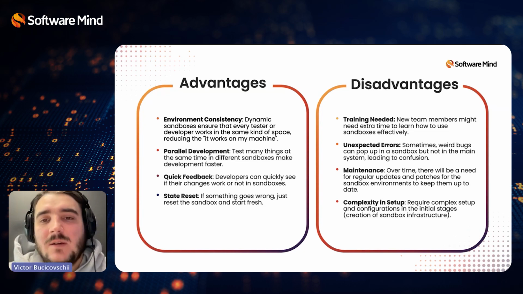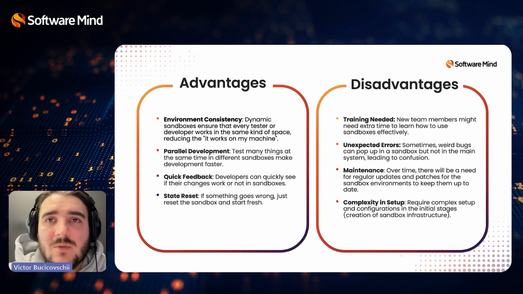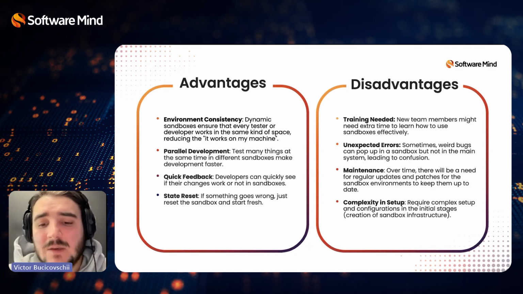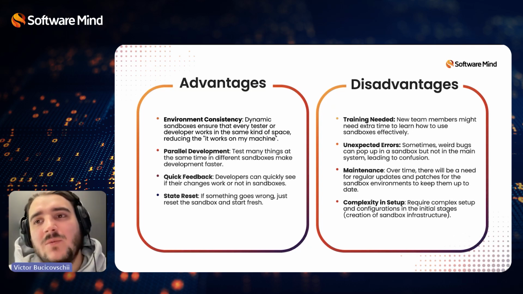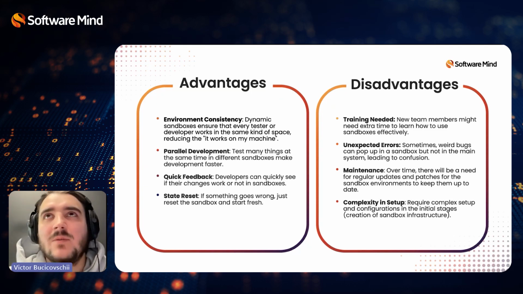Maintenance. From time to time we need to update this configuration, the pipelines, the calls, or if something changes in, for example, Bitbucket with the API, we have to read the documentation again to apply these changes to our pipeline.